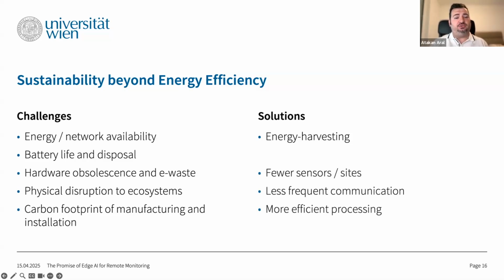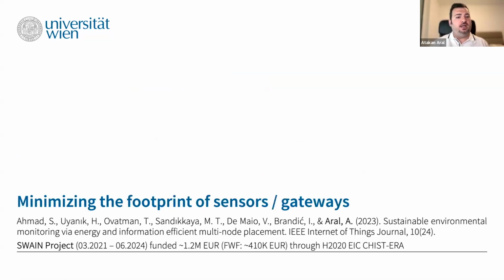We also optimize the number of sensors we use and how many deployments we have, with less frequent communication and more efficient processing. I will touch on a few of these solutions we developed throughout the project. The first one is minimizing the footprint of sensors and gateways. As I said, this is a part of the SWAIN project.